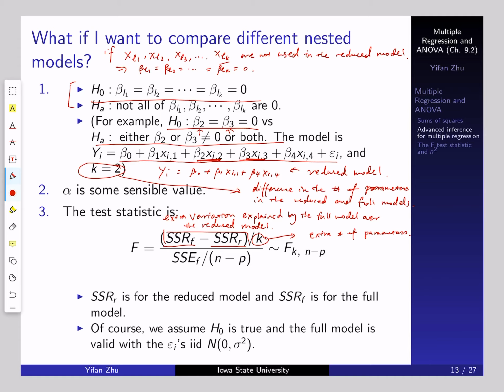And then in this case, we will reject the null hypothesis and conclude the alternative, right? Because the alternative is in favor of the full model.